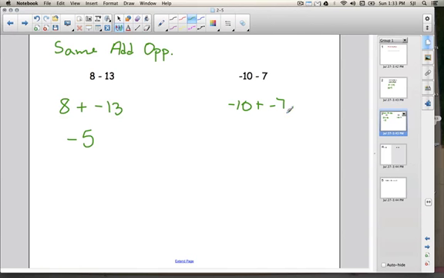Here, since I'm adding two integers that are the same, they're both negative, I know that my answer is going to be negative, just like if they were both positive. And then I just have to add together 10 and 7, which makes negative 17. Again, if you need a review on how to add integers, either with the same sign being both negative, or if they're opposites, like the example over here, I'd really suggest going back and watching lesson 2-4.